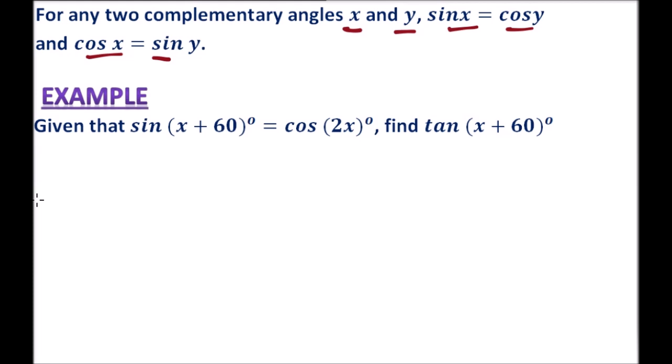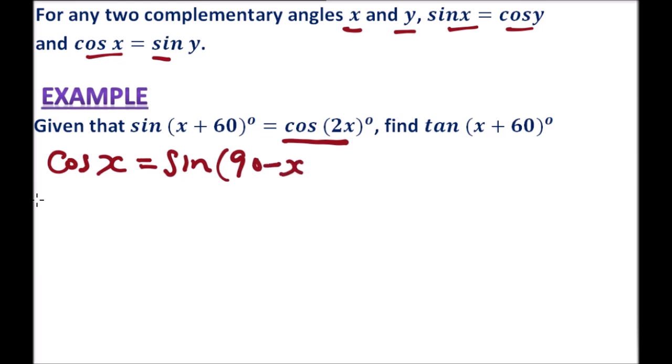We are told, given that sine of (x plus 60) degrees is equal to cos 2x degrees, find tan x. Now we are going to apply the rule of the sine and cosine of complementary angles. We can say cos x is equal to sine of (90 minus x).